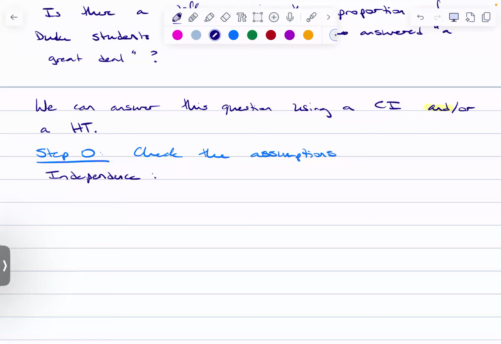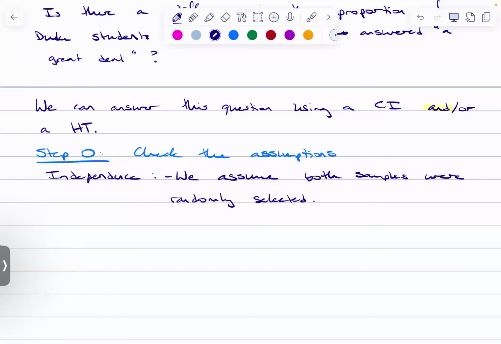So the independence condition, right? We assume, because it doesn't actually say, we assume both samples were randomly selected. I'm going to skip the 10% condition.